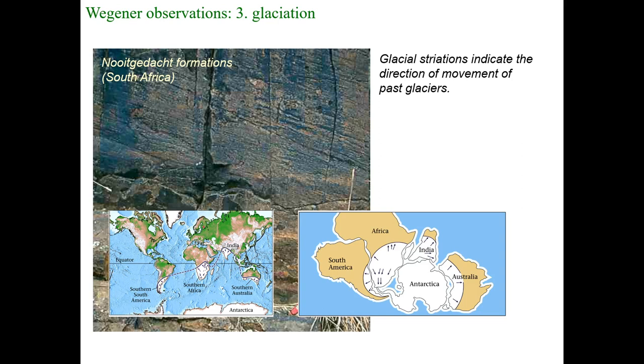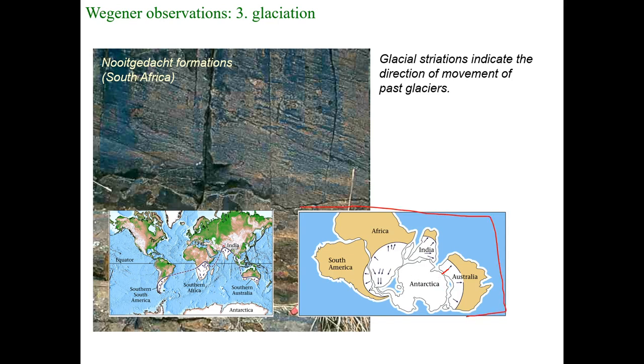And what's interesting is that we can track glacial movements from the direction of the striations and the scratch and scour marks left on Earth's surface. And if we put all the continents back together, we notice that the glacial directions seem to make sense and match up. So that's what's shown here in this figure.